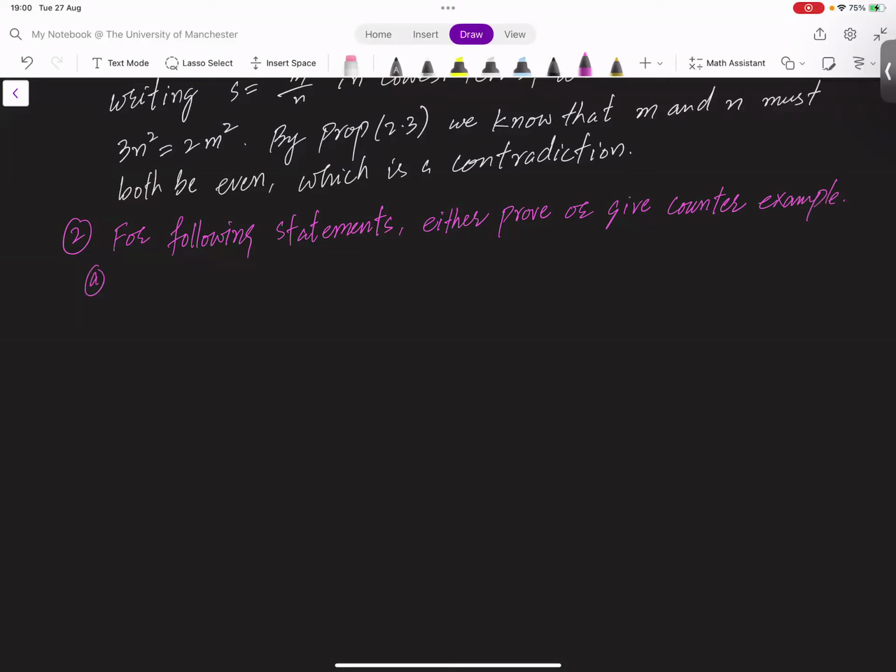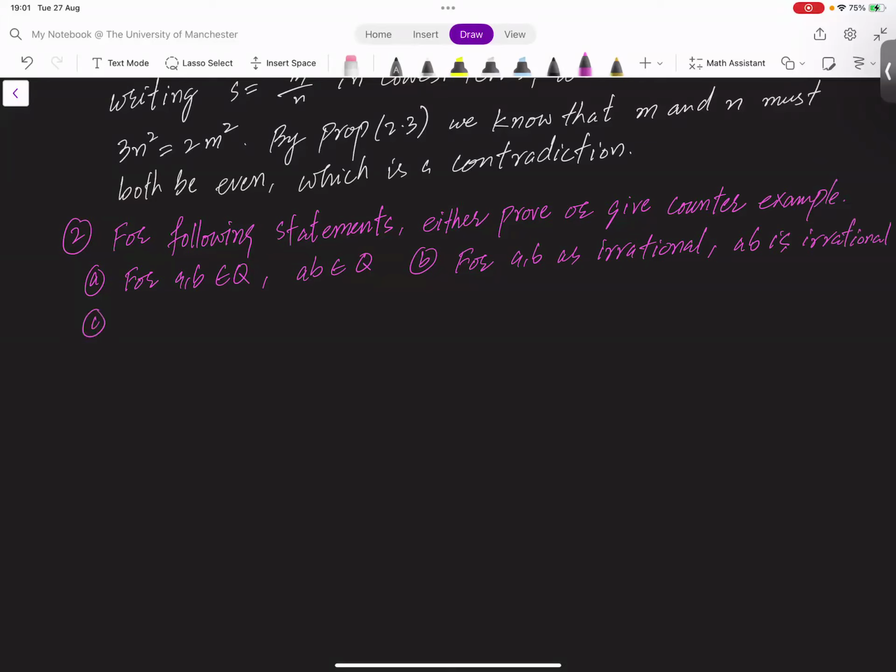Statement A is for a comma b in rationals, ab is in rational. Statement B is for a comma b irrationals, ab is irrational.